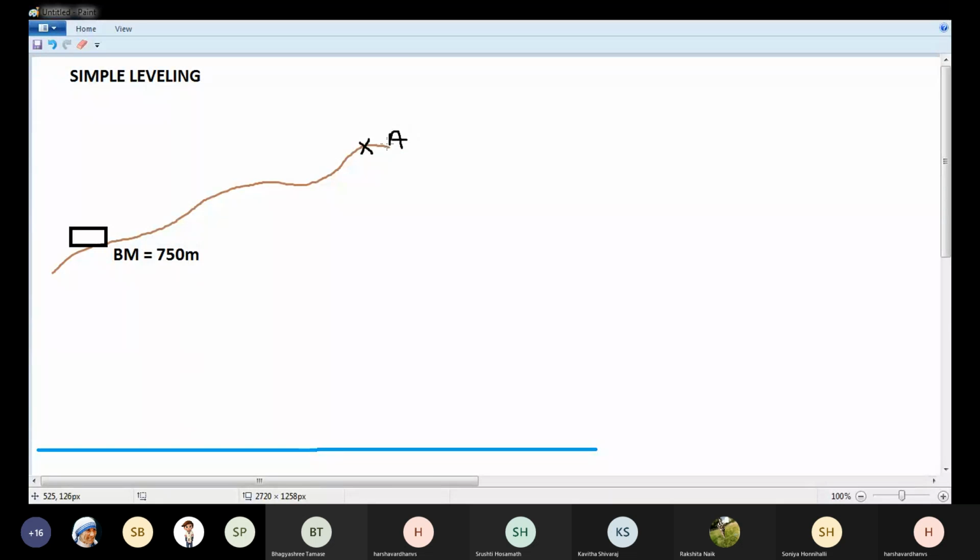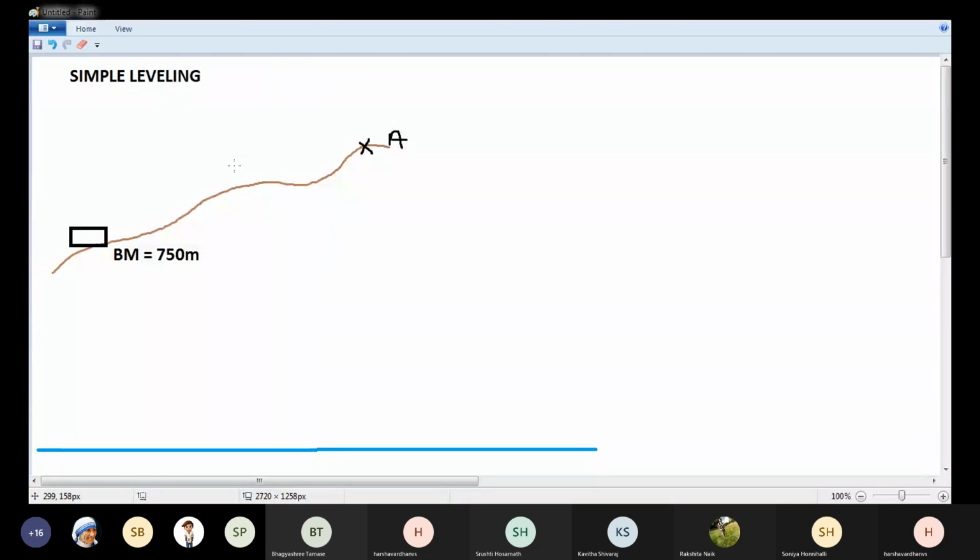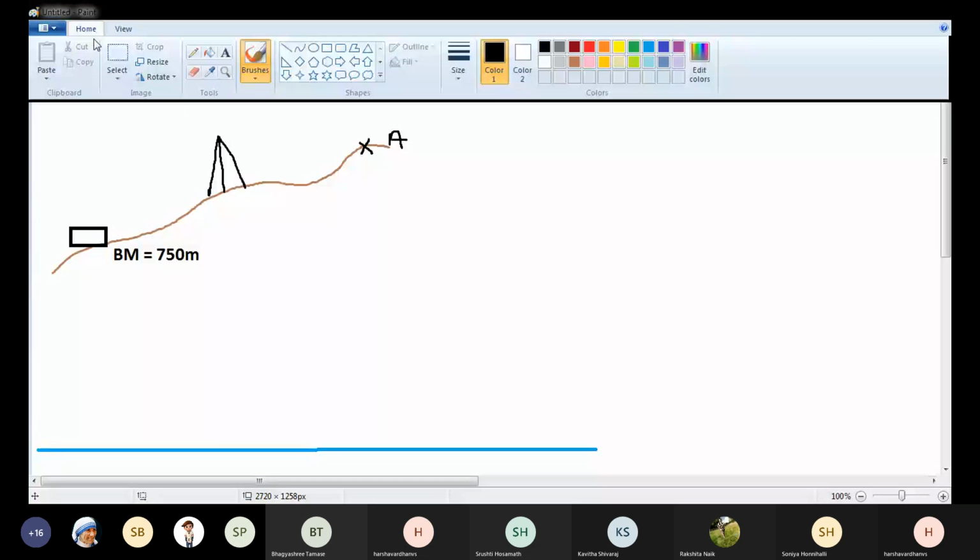I'll set up the instrument somewhere in between these 2 points. So from the instrument point, this benchmark is also visible and point A is also visible. So I'll level the instrument.